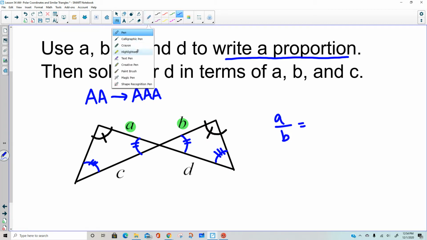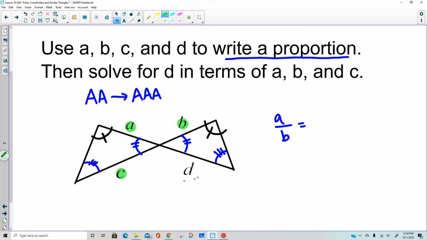Because C is opposite the single tick mark, and so is D. So A is to B as C is to D. So we wrote our proportion from our similar triangles.